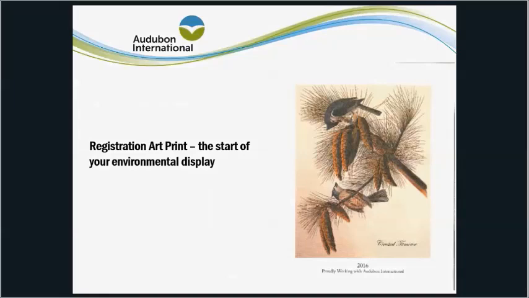And this is a really good way to start your display within the ACSP program. So a way of demonstrating to your members and community the work that you're doing. And there's quite a few members that have collected these throughout the years and have a whole display. So it's really exciting to see that, and that shows their commitment. So give us a call if for some reason you think you should have one of these and don't. We're always here to help.